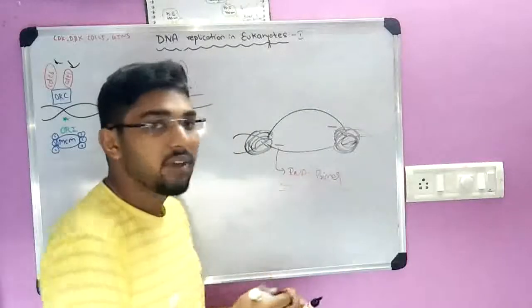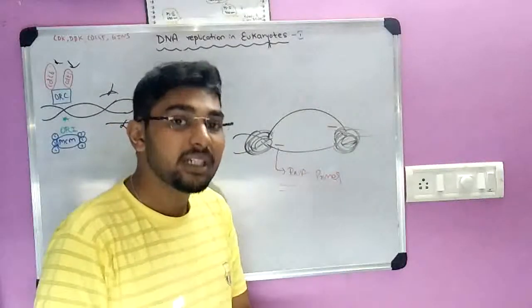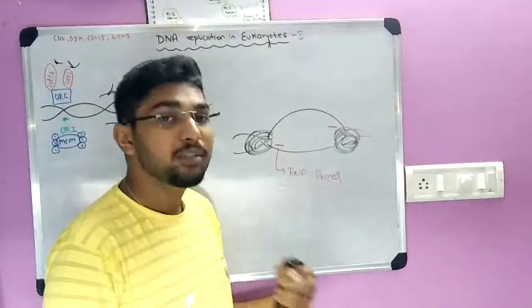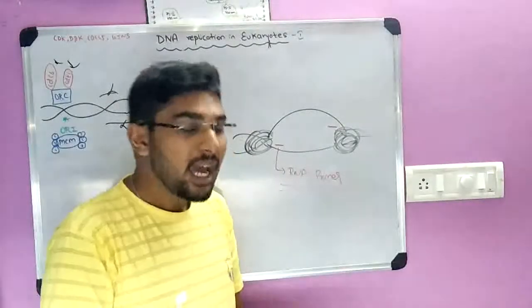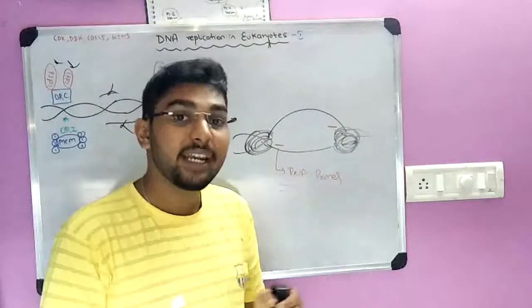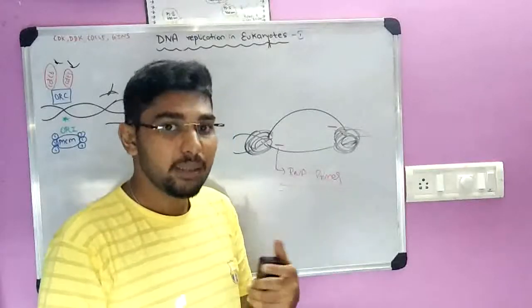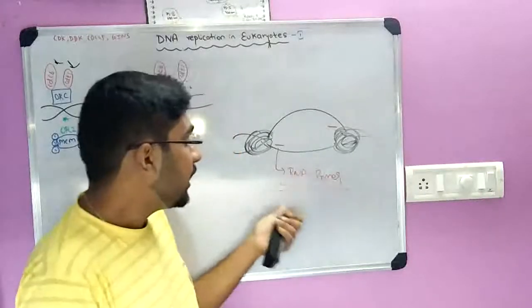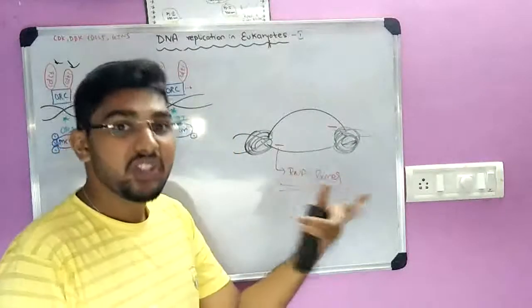This process is called priming, and it is done by an enzyme called DNA polymerase. Thus the replication gets initiated.